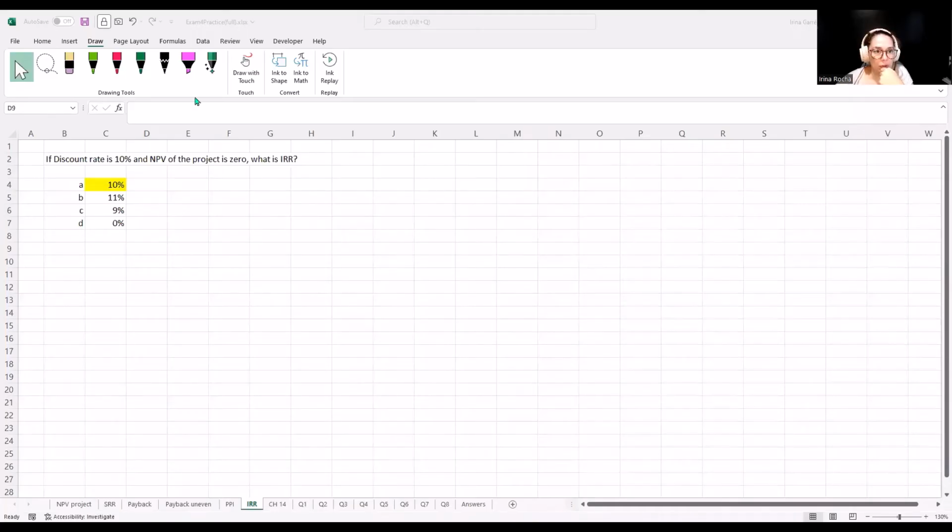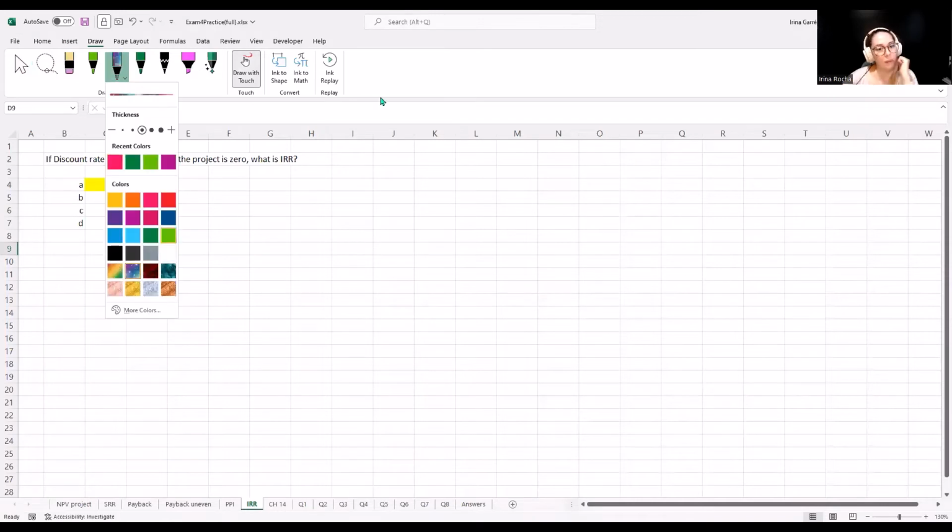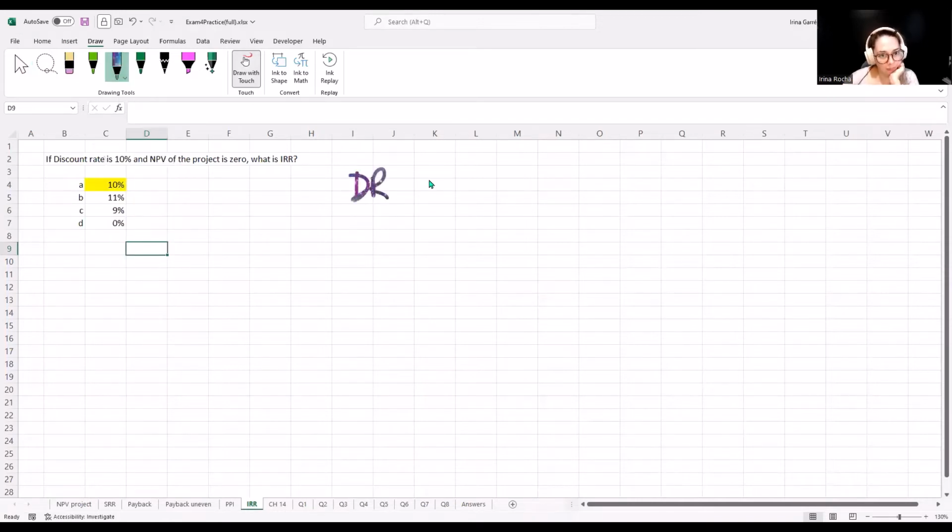So this one, we just have to remember a little table, and that is, when we say net present value equals 0, then therefore the discount rate is equal to the internal rate of return.